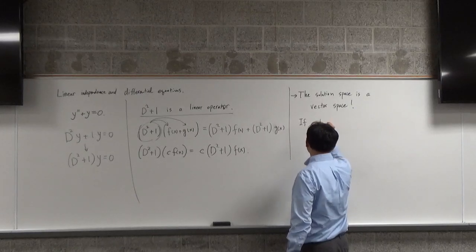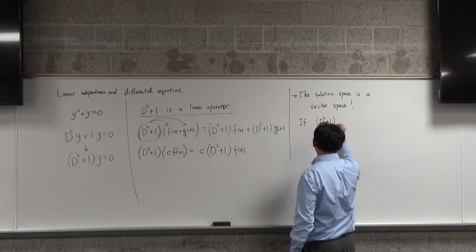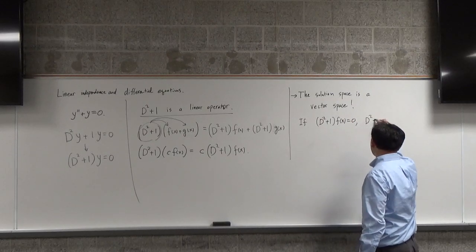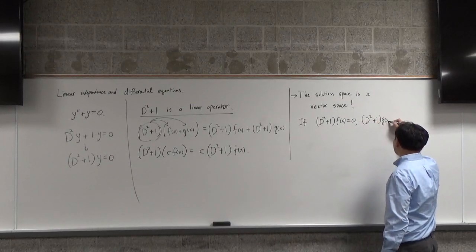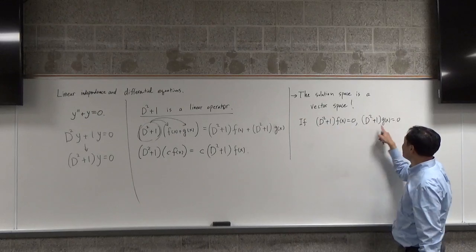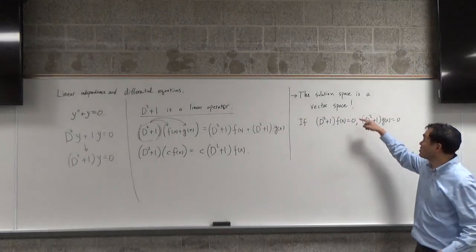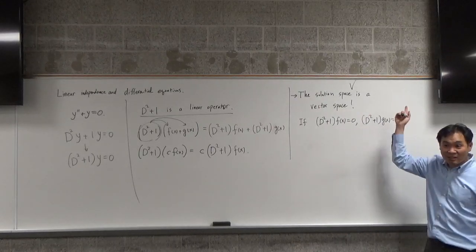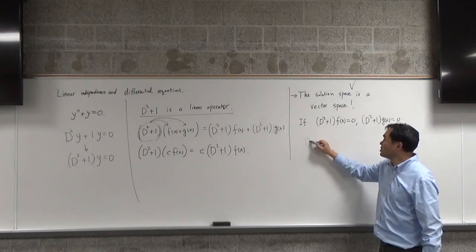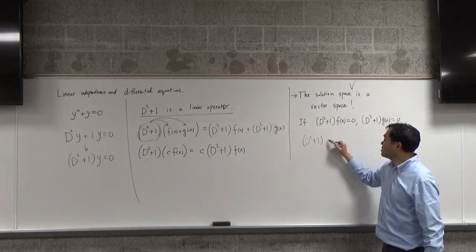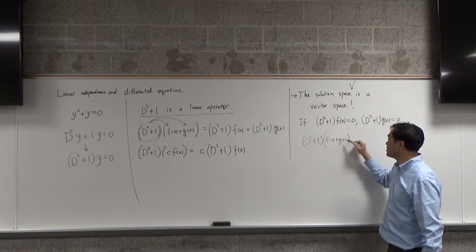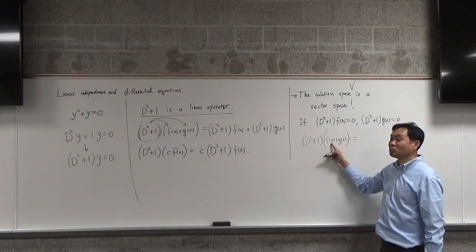If D squared plus 1 applied to f of x is 0, and D squared plus 1 of g of x is 0, so that both belong to the solution space, let's call this V. Then what is D squared plus 1 of f of x plus g of x? Well, this hitting this will give you 0.